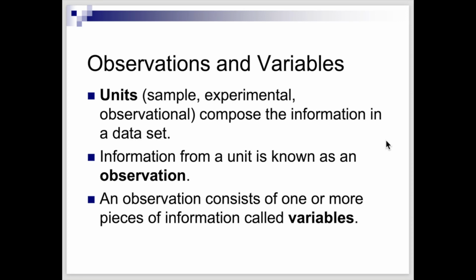And so these kinds of units compose the information in a data set. Now, information from a unit is known as an observation. All of the values for all of the variables for a unit comprise the observation for that unit. And so that's what we're saying down here: an observation consists of one or more pieces of information called variables.